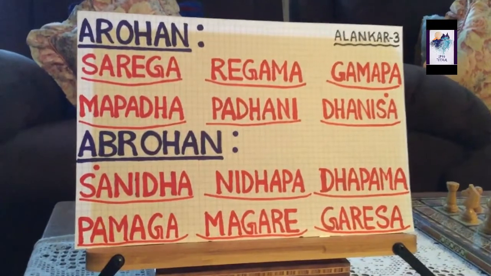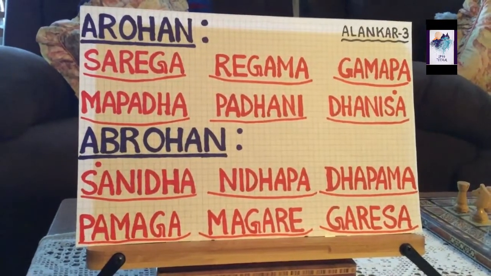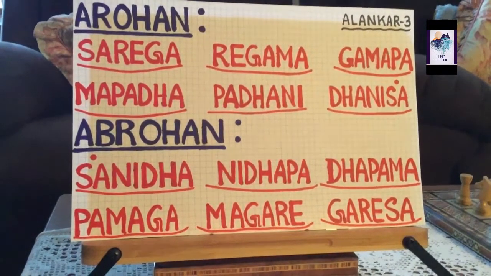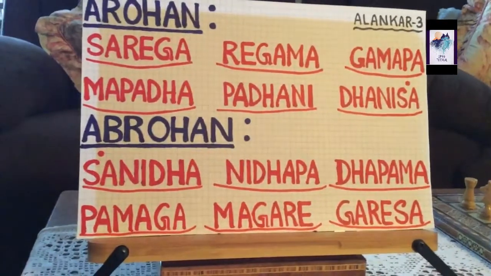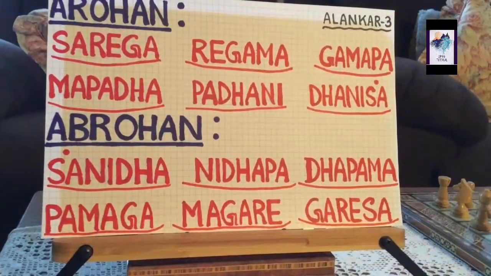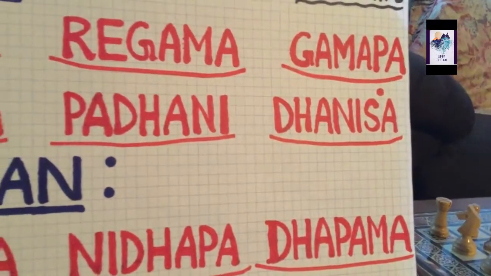Now Alankar number 3, three notes in one beat. Arohan: sa re ga together in one beat, re ga ma, ga ma pa, ma pa dha, pa dha ni, dha ni sa. Dot above the note for the Taar Saptak sa.